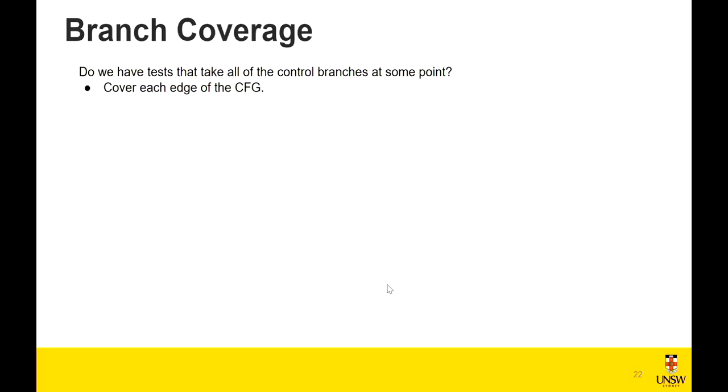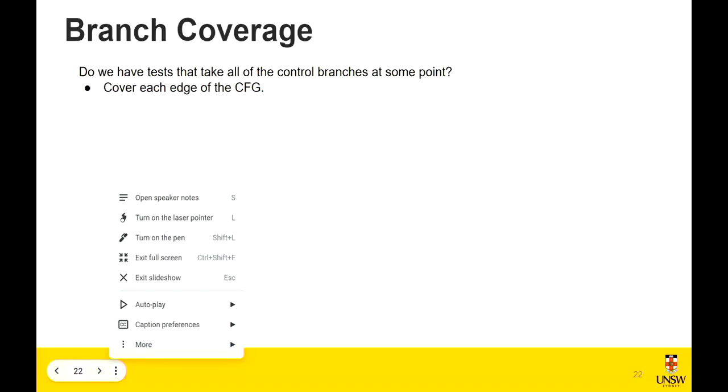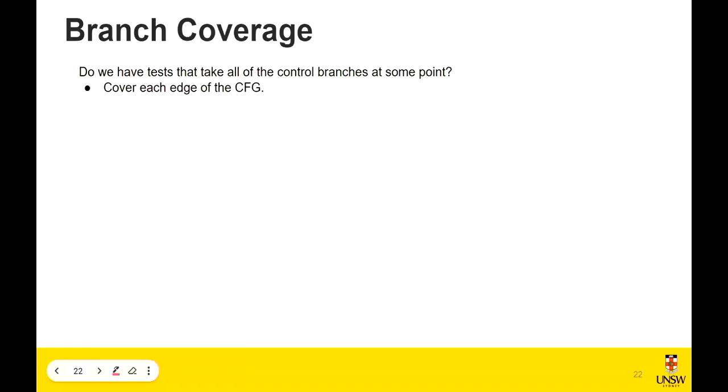So in branch coverage, what we want to know is, do we have test cases or test suites that take all of the control branches at some point? So can we cover all the control branches with our test suite? And that is actually equivalent to covering every edge of the control flow graph.